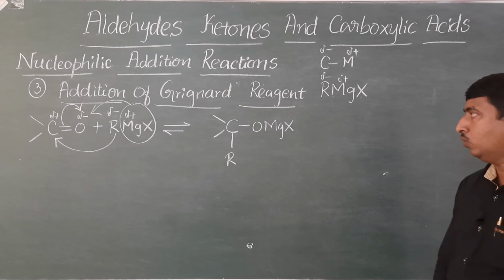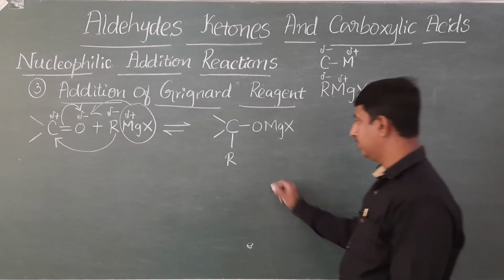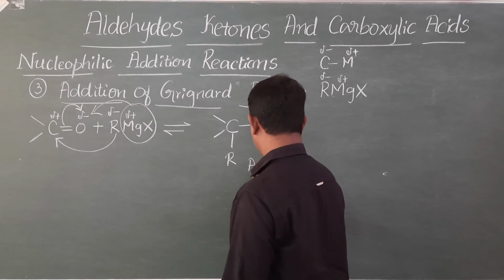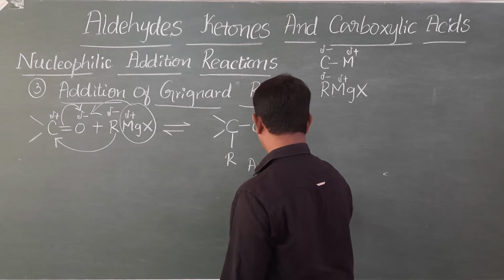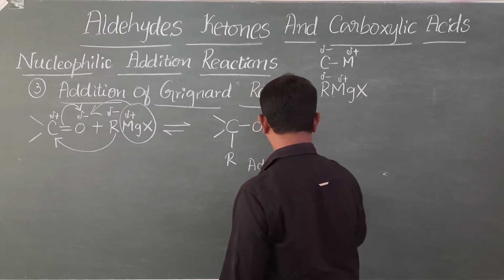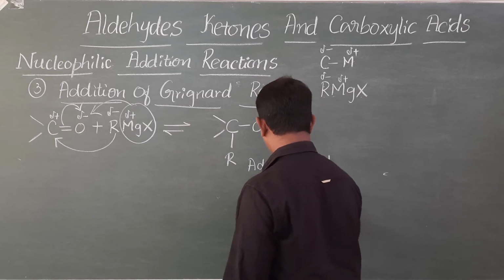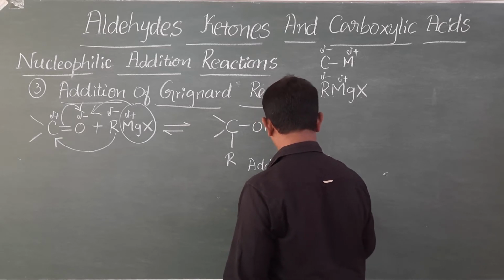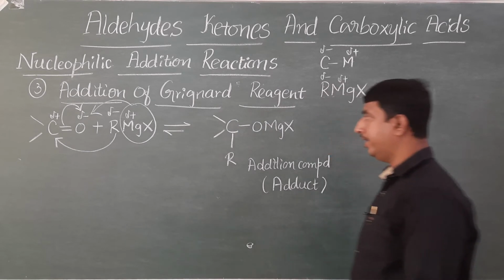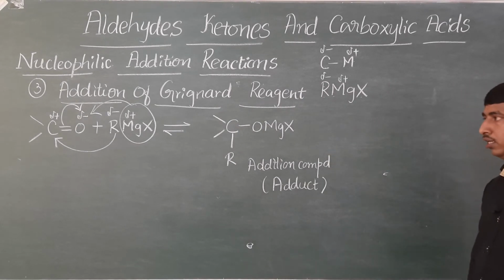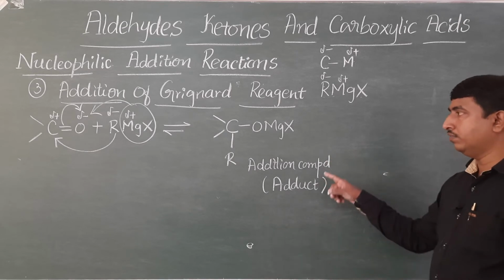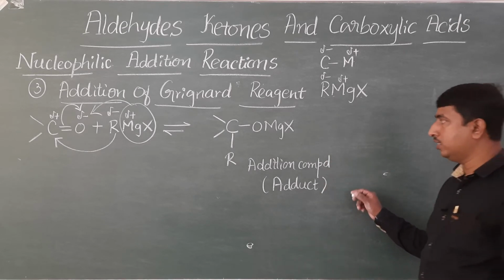This is an addition compound, also called an adduct. So aldehydes or ketones react with Grignard reagent, forming an addition compound, or adduct.